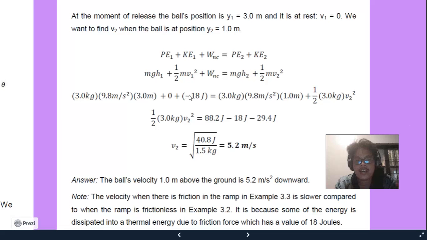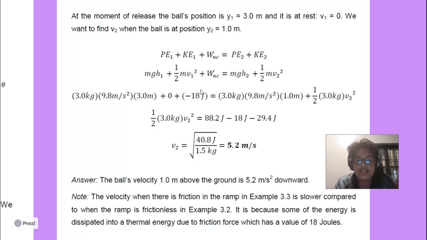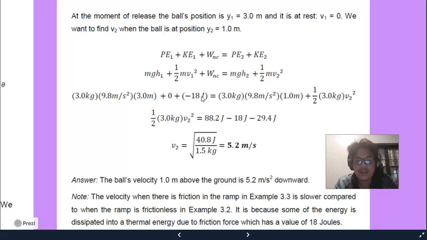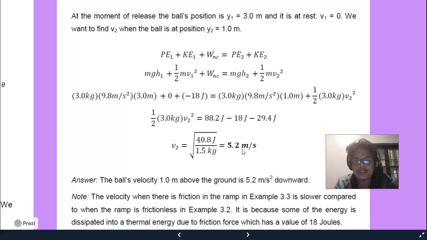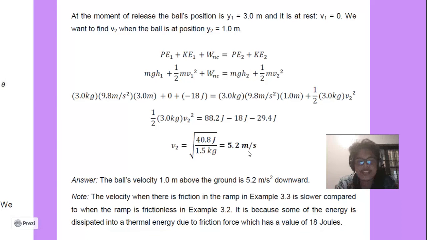So, that is the impact of the friction. The presence of the friction or the thermal energy pag na-convert na. So, bumagal din ang bola dahil ang ibang potential energy ay na-convert into thermal energy due to friction. Okay? So, that is our example number 3.